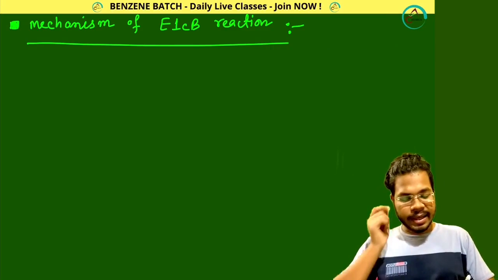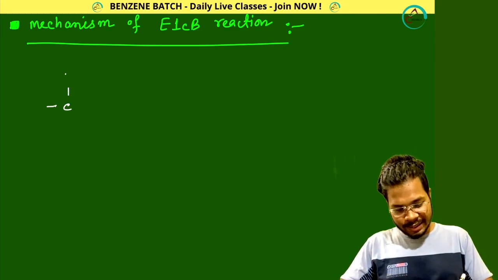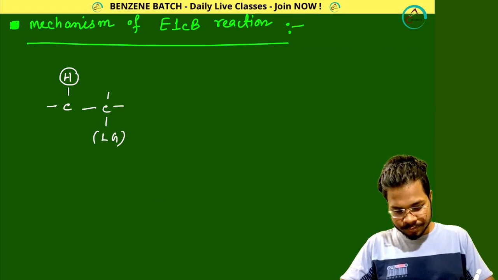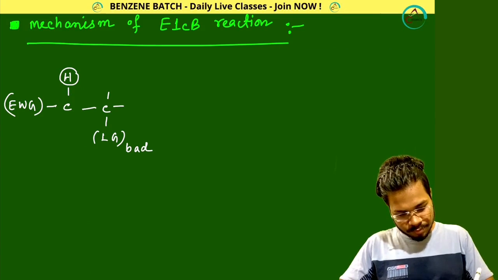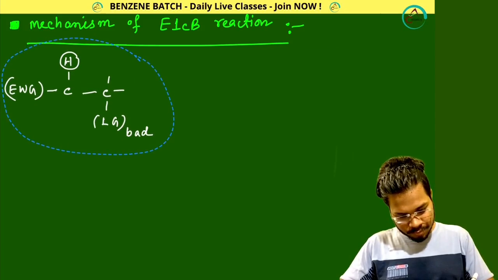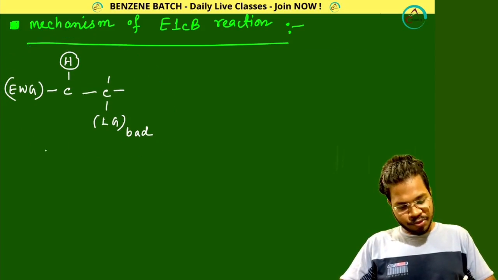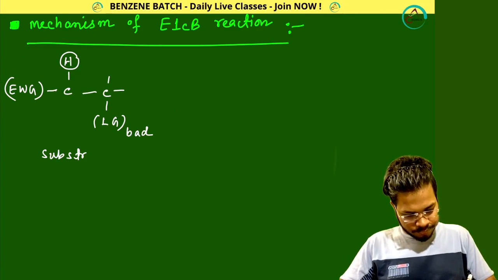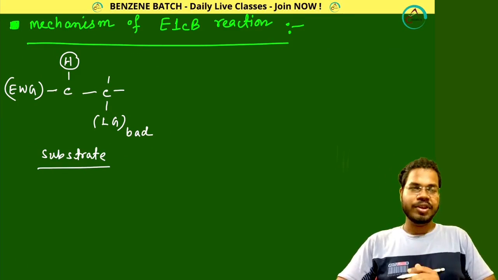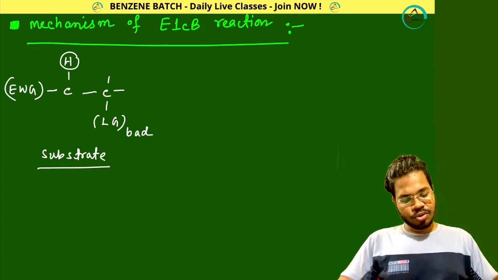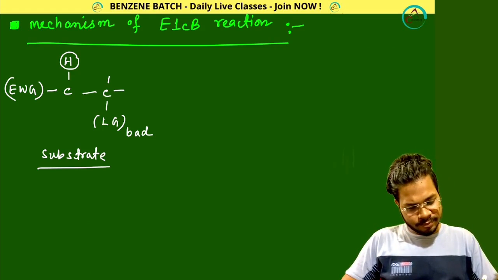Now suppose I take one skeleton, but I am not giving you the exact example, just a normal idea. I am going to show you the mechanism. Look at this, this is my substrate. This is my bad leaving group.